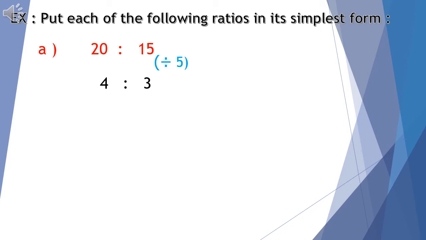Write 36 to 54 in simplest form. To write the ratio in simplest form, divide the two terms by the highest common factor.